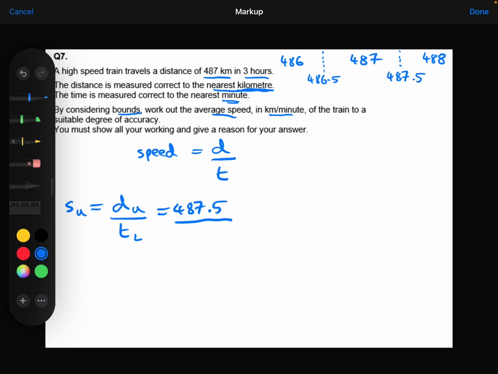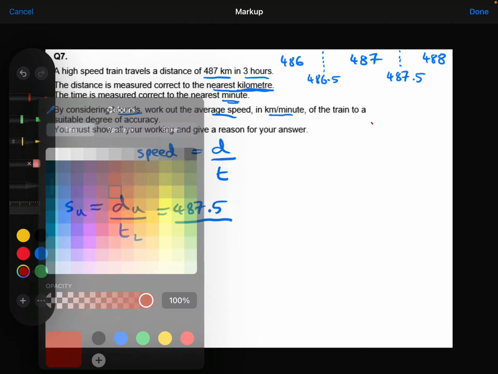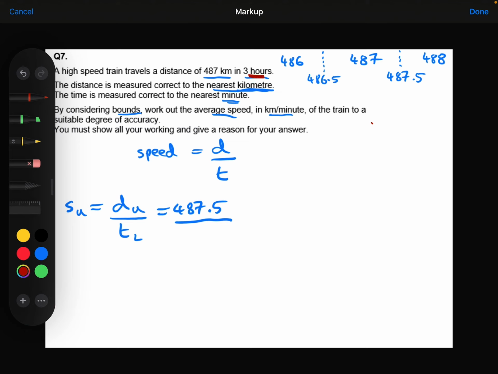Now, when it comes to the time, notice that the time was given to us in hours, but it was measured to the nearest minute. And in fact, we want to give our answer in terms of minutes as well. So 3 hours is actually 3 lots of 60, or 180 minutes.